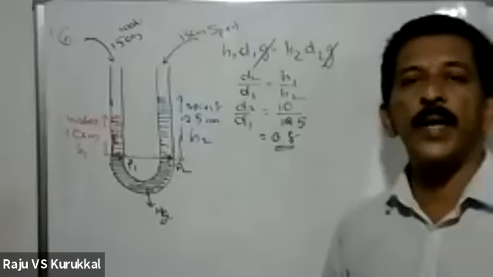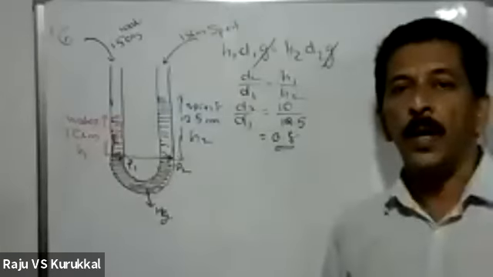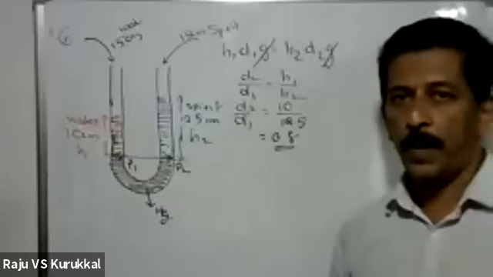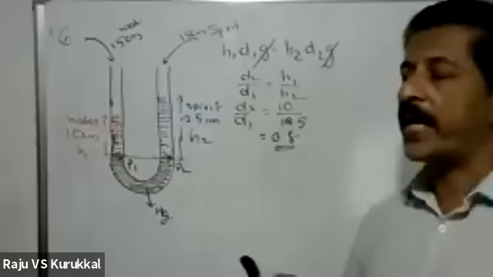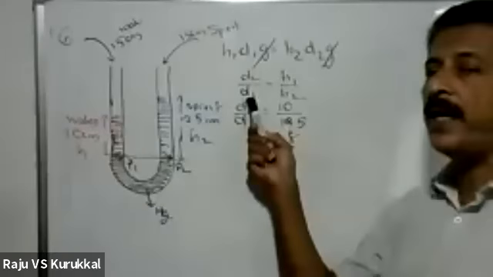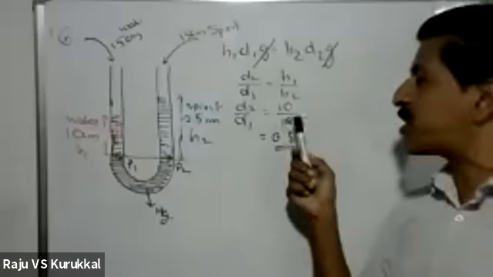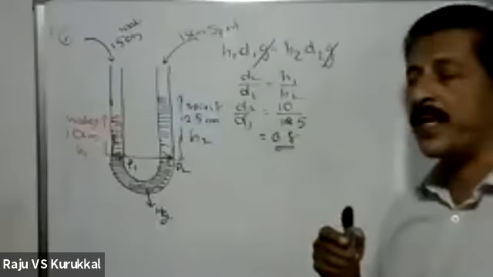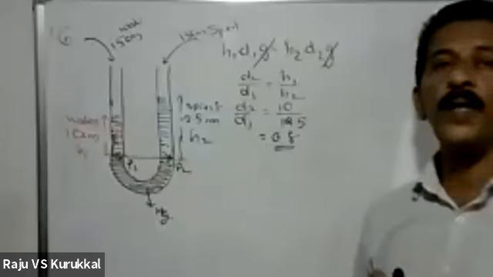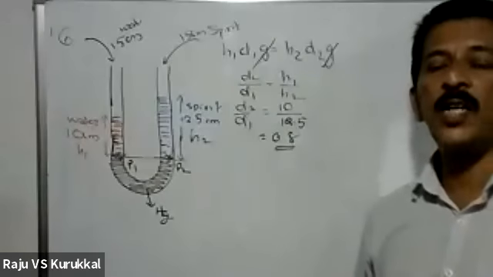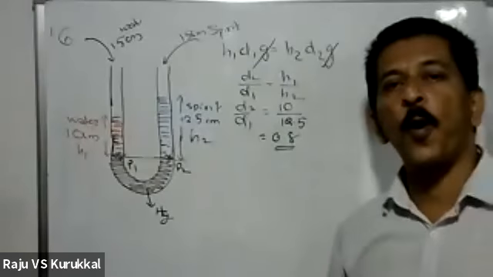No unit, no dimension. Then we can compare the heights. D2 by D1 equals H1 by H2. H1 is 10 and H2 is 12.5. Answer 0.8. Relative density of spirit is 0.8.